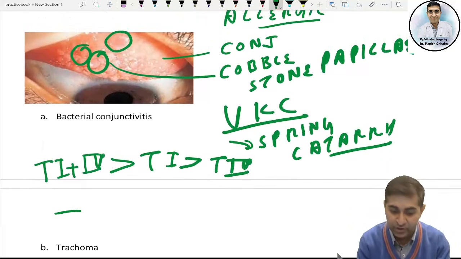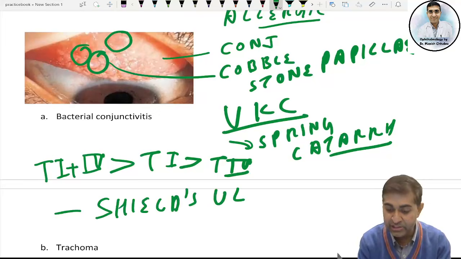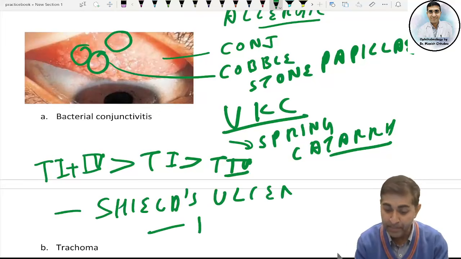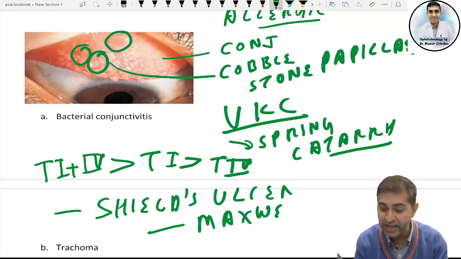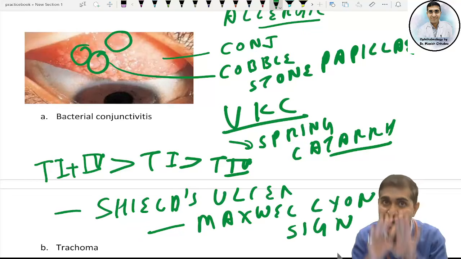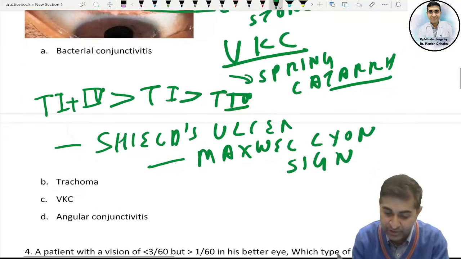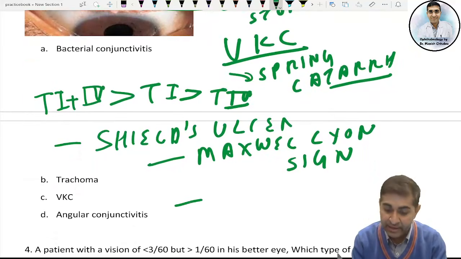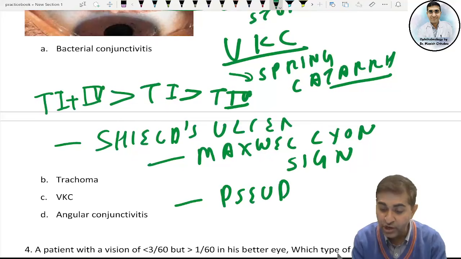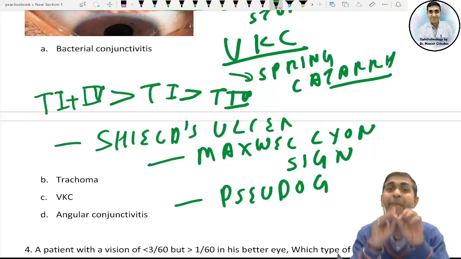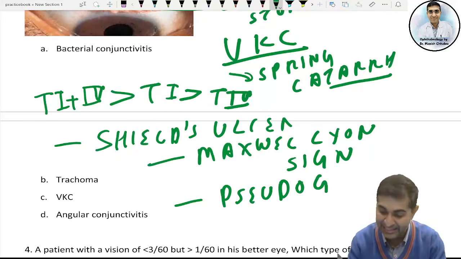Another important feature which you see in this condition is Shield's ulcer. Then Maxwell-Lyon sign, which is actually a thick ropey discharge which has eosinophils. Then there can be pseudogerontoxon, which is a peripheral corneal opacity.